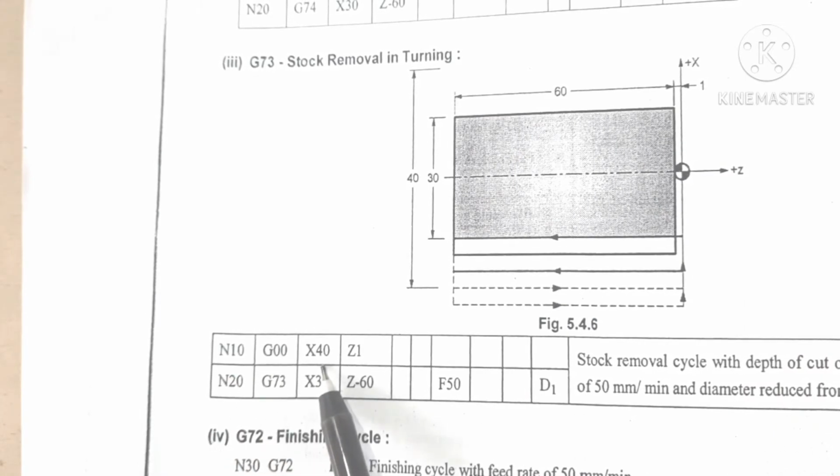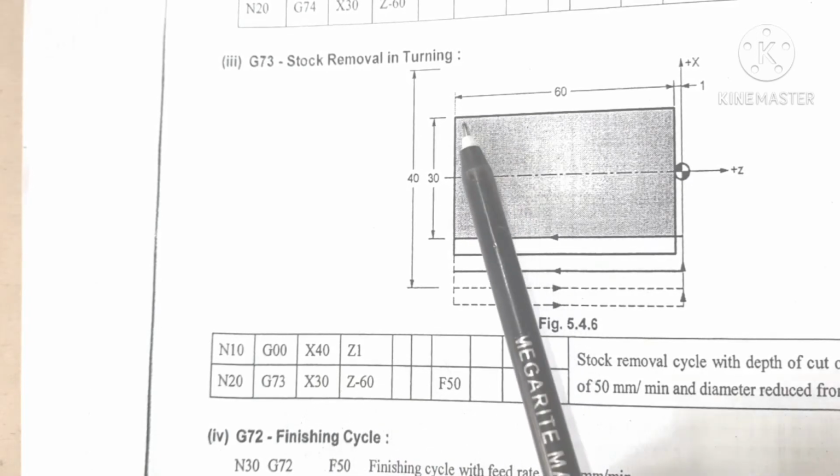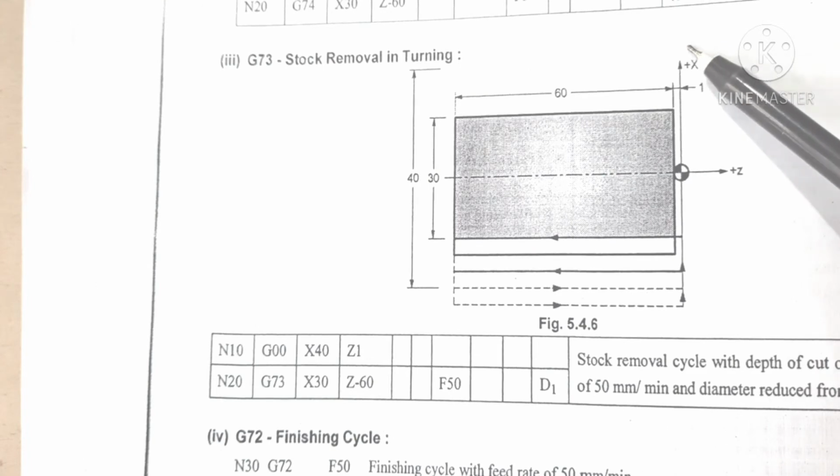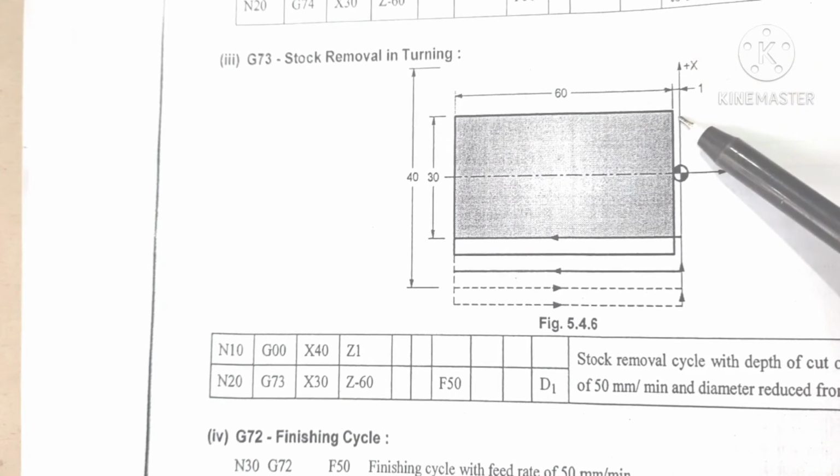So N10 G00 X40 Z60, this Z60 and X40 here, feed rate 50, machine number is D1. So stock removal cycle with depth of 1 mm, feed rate of 50 mm per minute, and diameter reduced from 40 to 30. So the initial position is Z X here, and then it is reduced to 30.